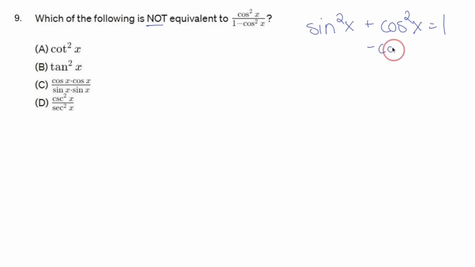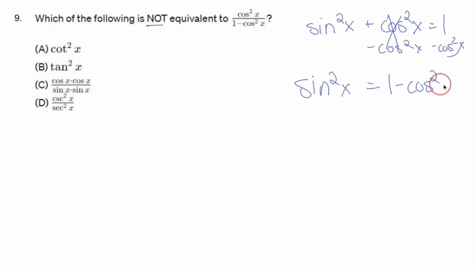If I subtract cos squared x from both sides, sine squared x is the same as 1 minus cos squared x. So what I can do is replace that 1 minus cos squared x with sine squared x. I have cos squared x over sine squared x.